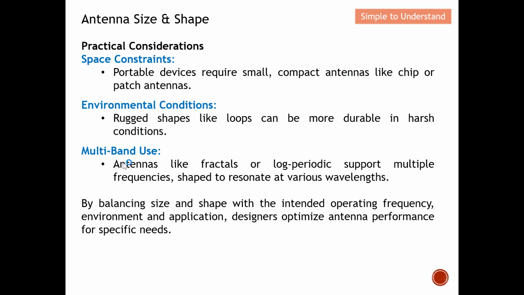As for multi-band, nowadays a lot of devices have multiple bands, so we can have a multi-band antenna. For example, log periodic antennas can support multiple frequencies, shaped to resonate at various wavelengths. By balancing the size and shape with the intended operating frequency, environment, and application, we as designers can optimize the antenna performance for a specific need.